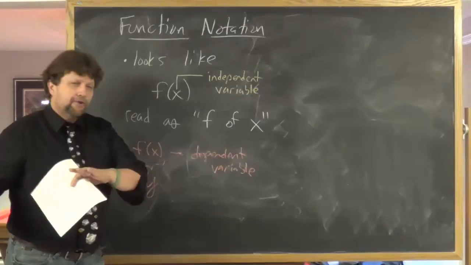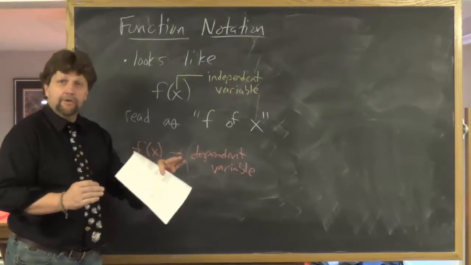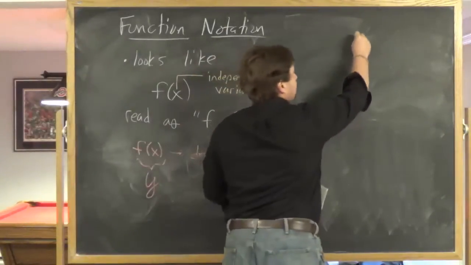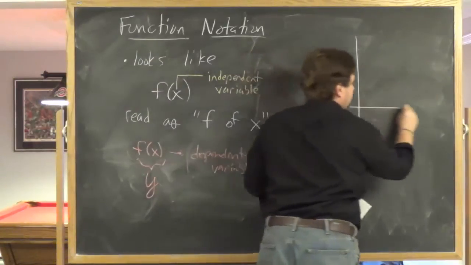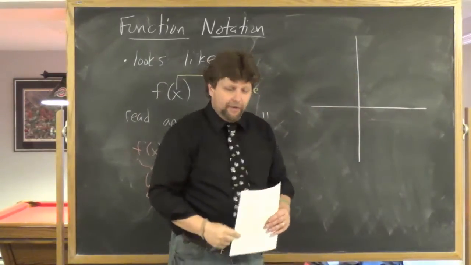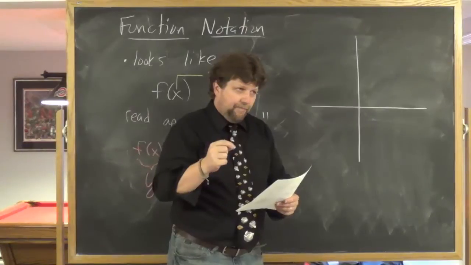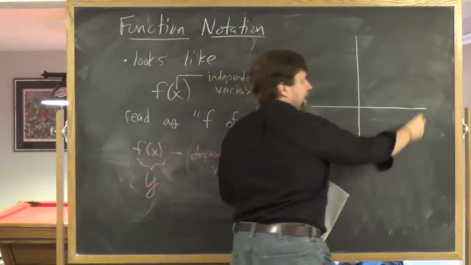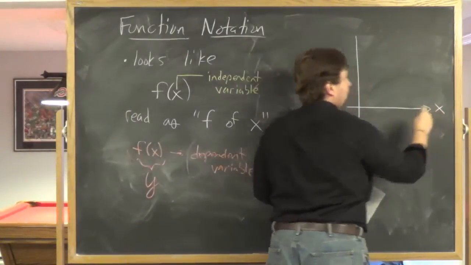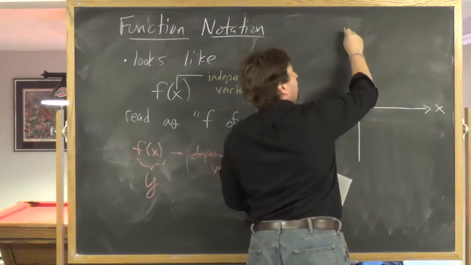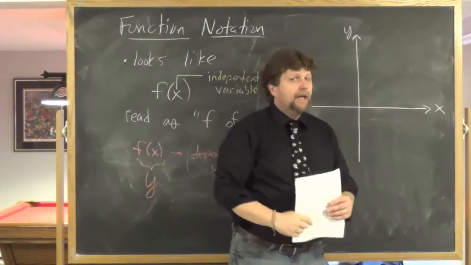And how this is going to translate itself when we start to do graphing is, when you graph, you always have a horizontal axis and a vertical axis, and you're probably used to labeling the horizontal axis with the variable x, the vertical axis with the variable y, and that's fine.